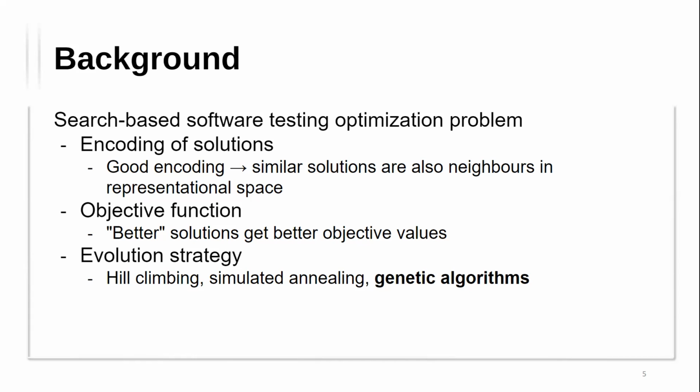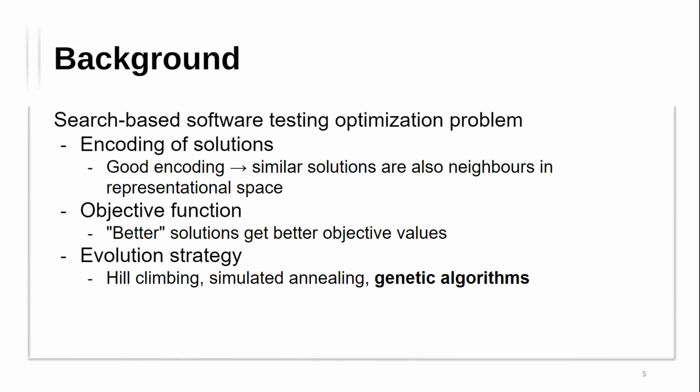So search-based software testing focuses on turning the test generation problem into an optimization problem. The idea is that you have a fitness function that grades the tests on how well they improve coverage, and then you evolve the tests iteratively until you get the desired coverage, or you meet the time budget. The optimization problem has 3 aspects.